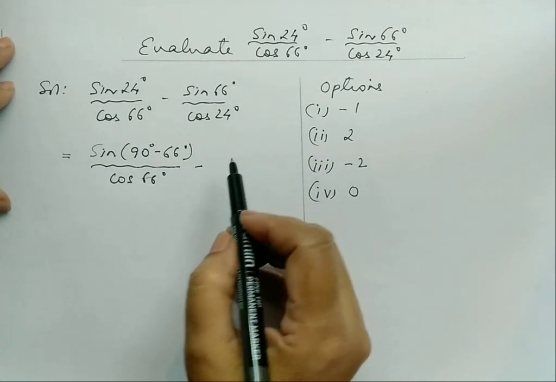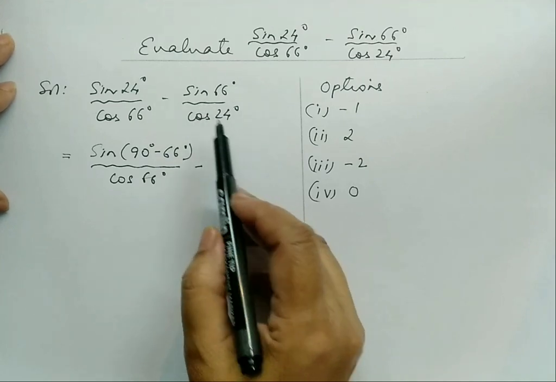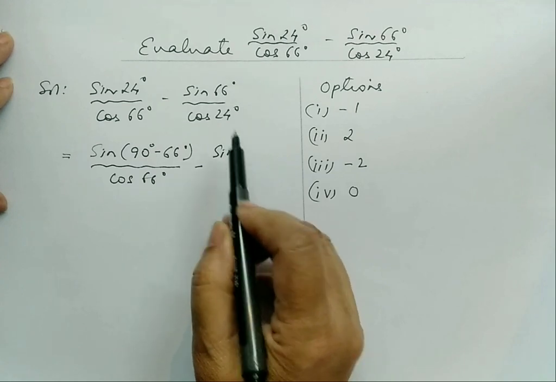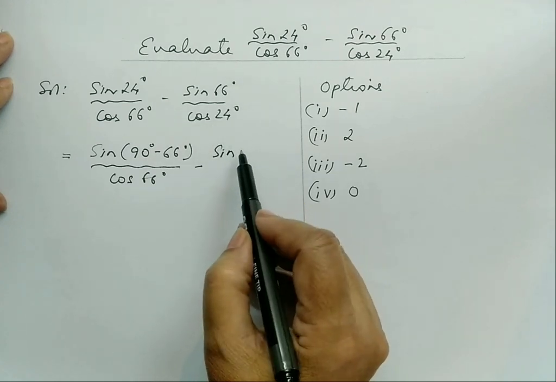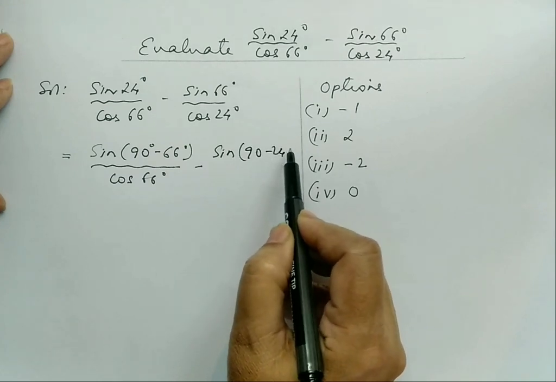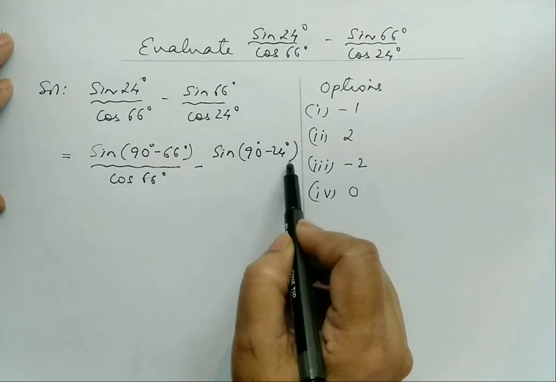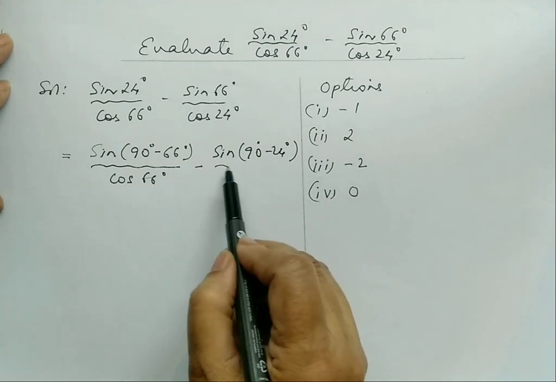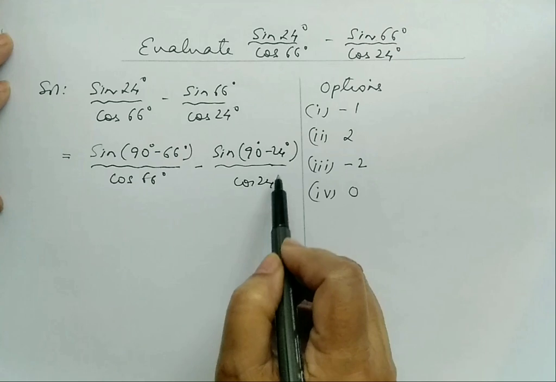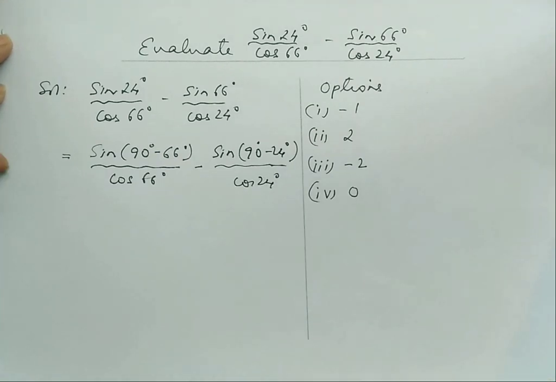The same we do here for sin 66. Instead of sin 66, we write sin of 90 minus 24 degrees. So cos will remain sitting below as it is.